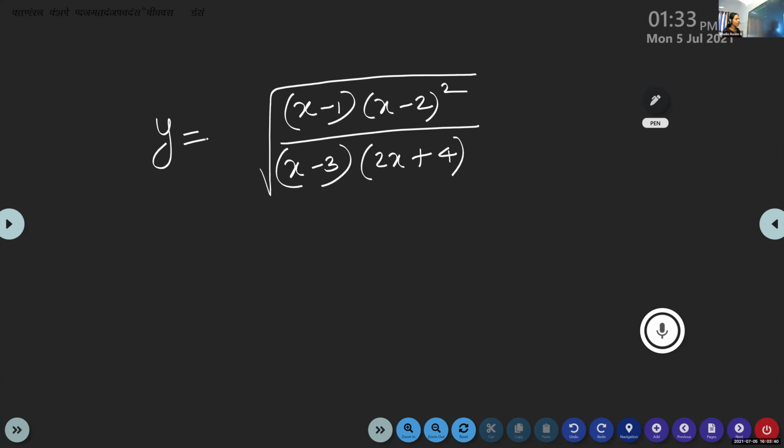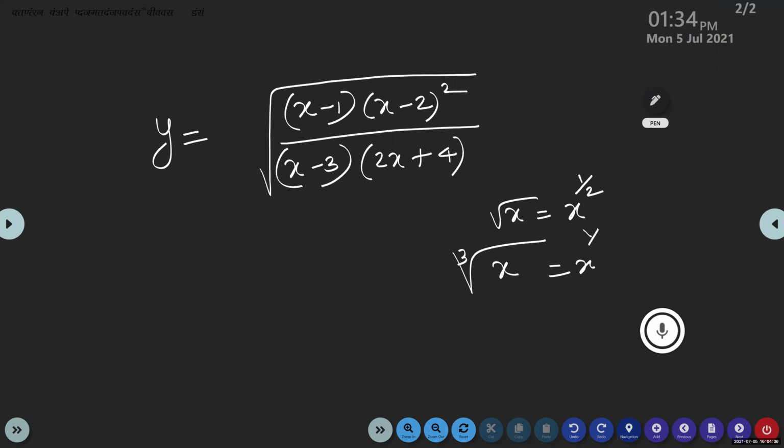Before that, root x means, what is the exponent? Root x means in exponent form, how can you write? 1 by 2. Power is 1 by 2. Root means power is 1 by 2. Suppose it is given like this, what does it mean? 1 by 3. Cube root.